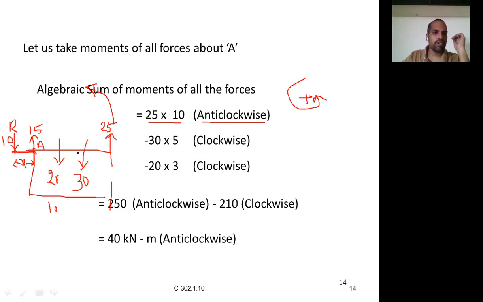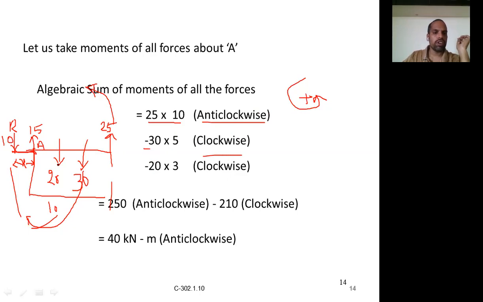Next, the 30 kilonewton force acts in this direction, so about this point it creates a clockwise moment. Since anti-clockwise is plus, clockwise shall be minus. That's why it is a minus sign here.